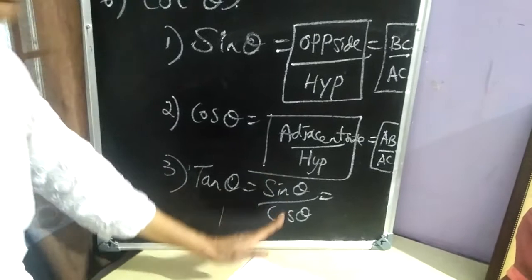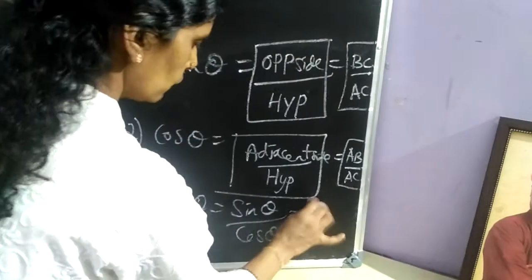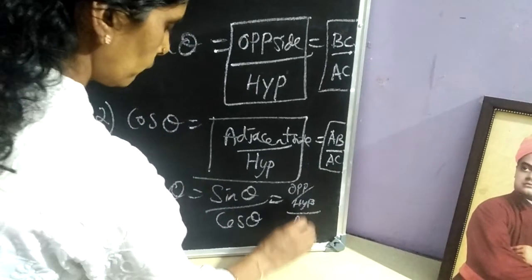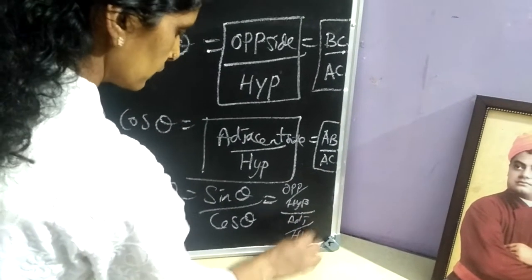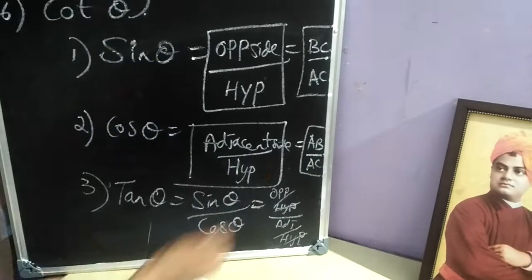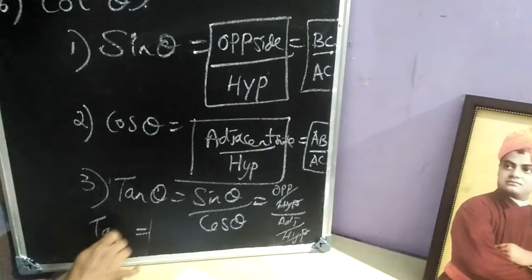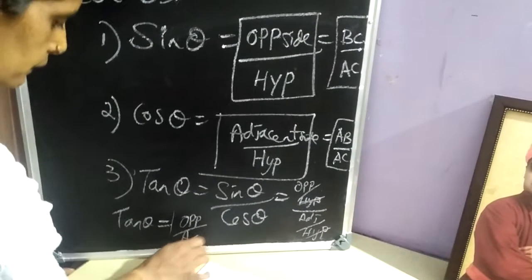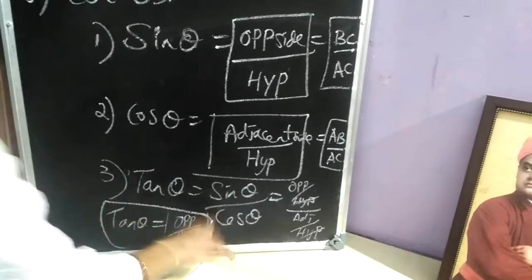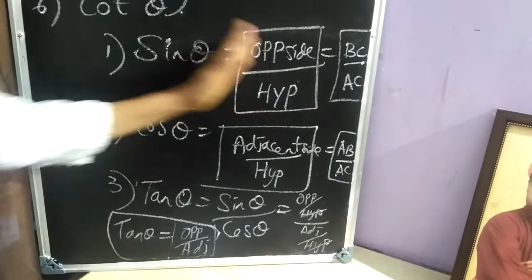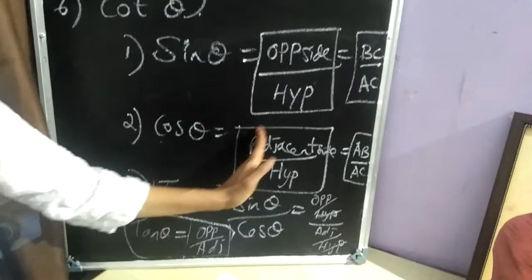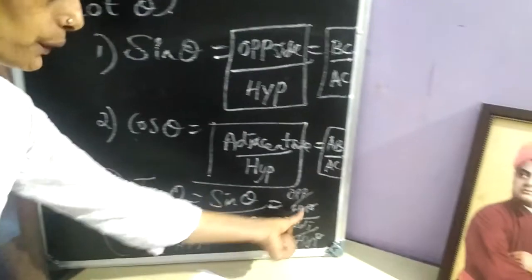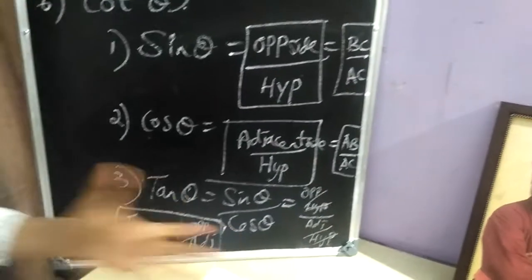That is sine theta by cos theta, that is opposite by hypotenuse divided by adjacent by hypotenuse, where hypotenuse and hypotenuse cancel. What do you get, children? Tan theta is opposite by adjacent.